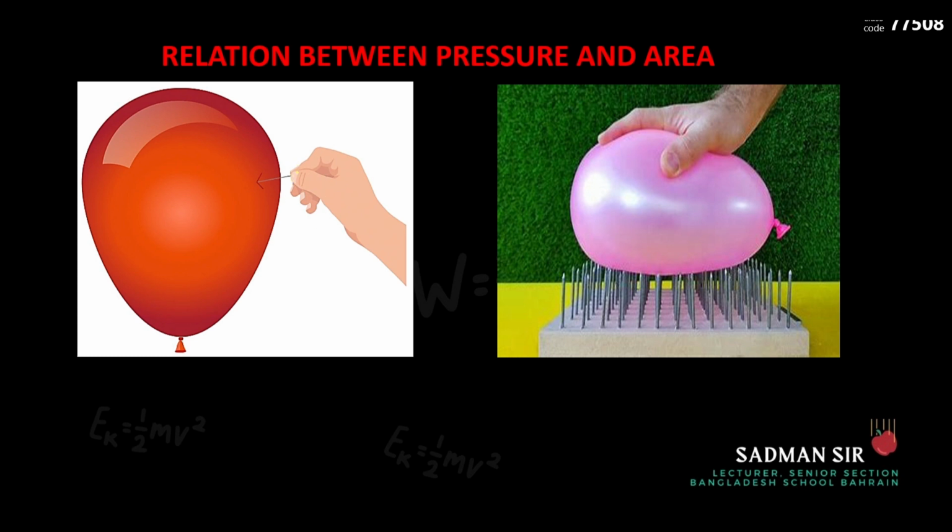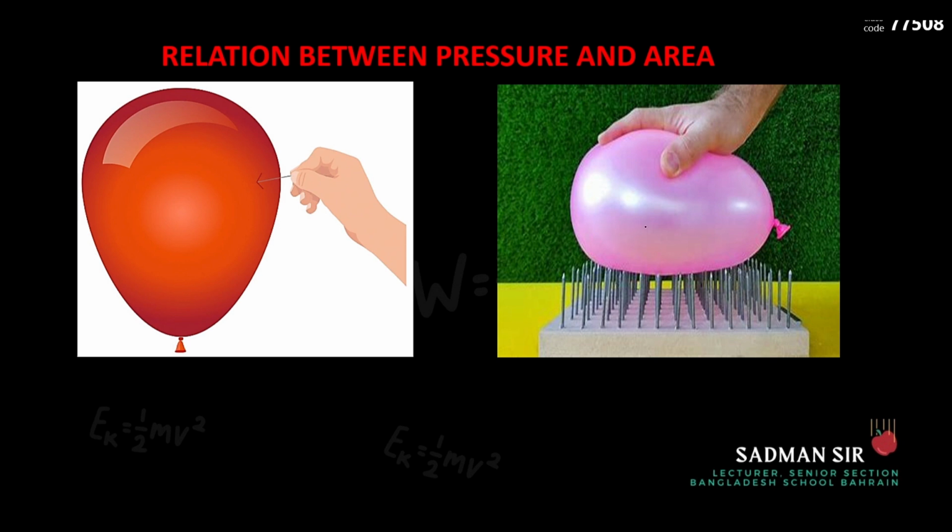You can see that with this pin, there is a very small area in contact between the balloon and the pin. So all the force that I'm applying has accumulated in this small area. As a result, a large amount of pressure has been created, which causes the balloon to burst very quickly.